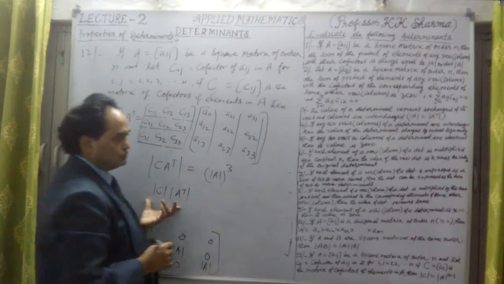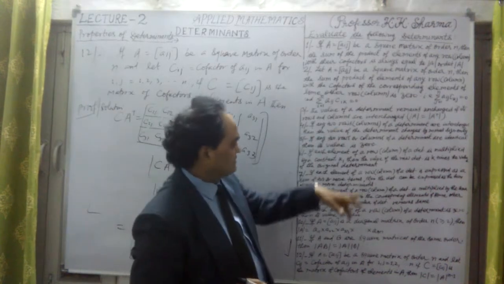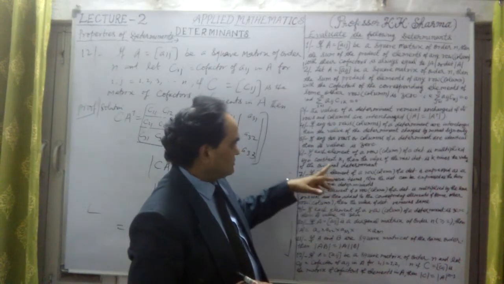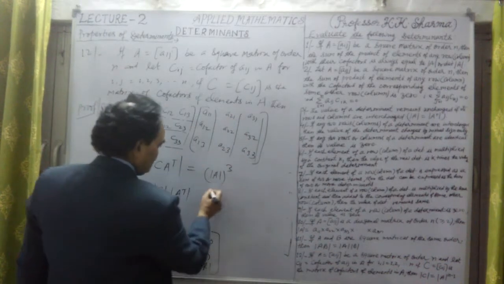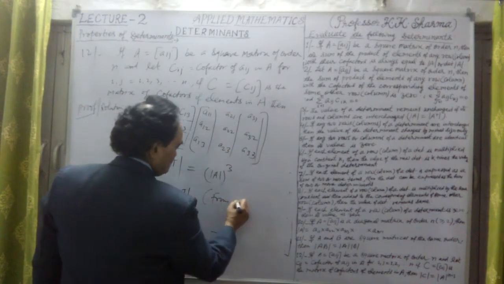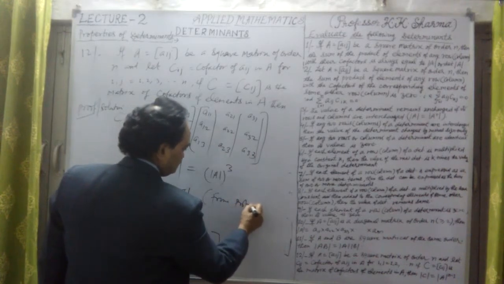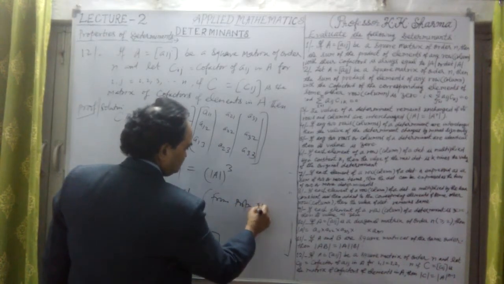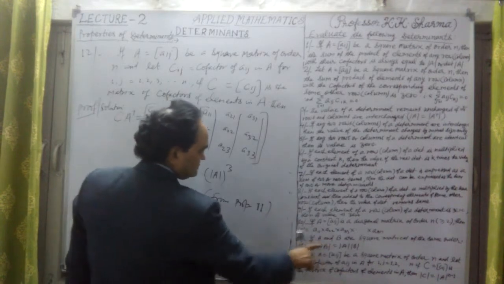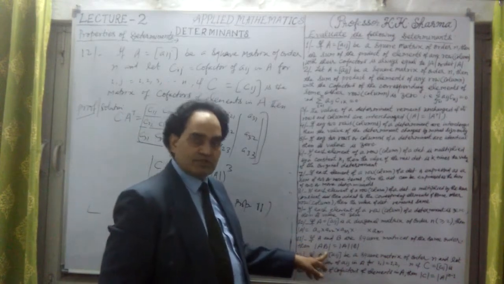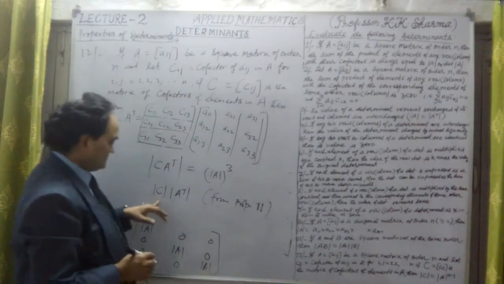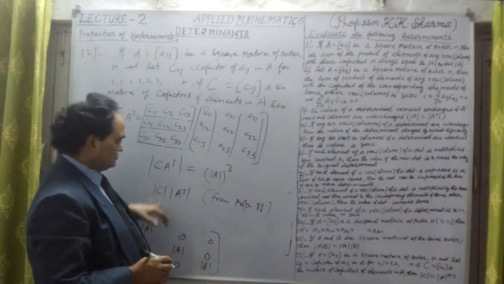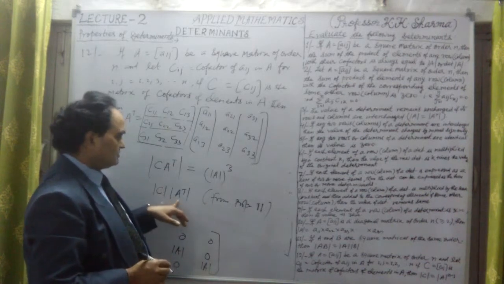This is from property 11: the determinant of AB multiplication is equal to determinant of A into determinant of B. Similarly, determinant of C A transpose equals determinant of C into determinant of A transpose.